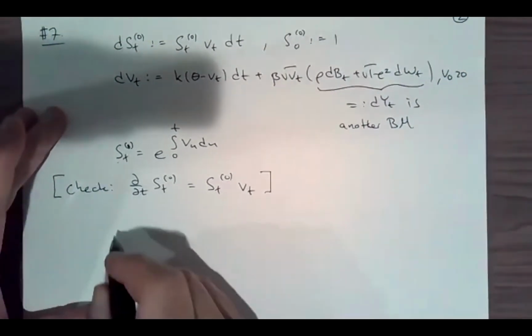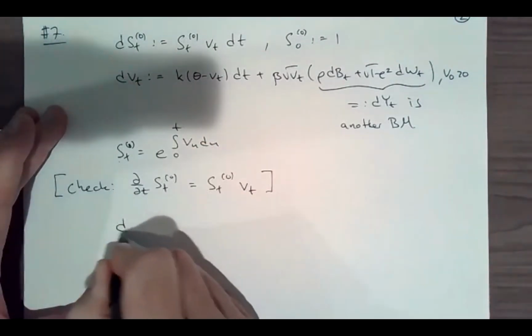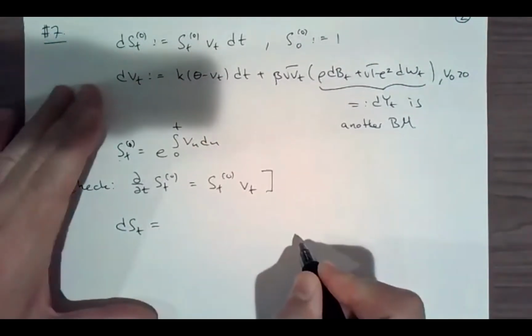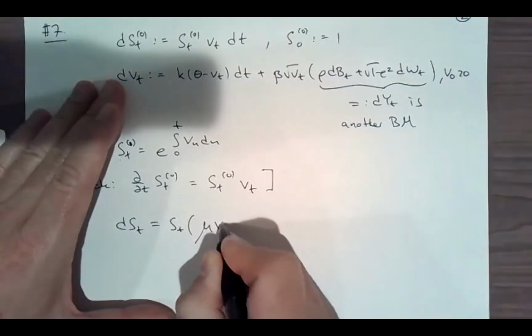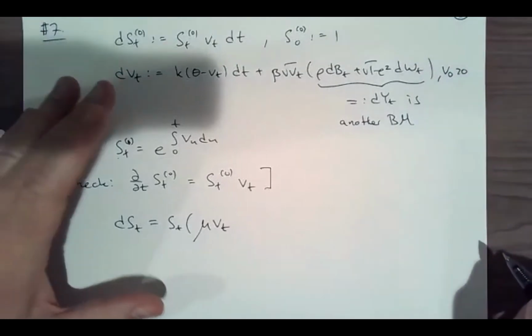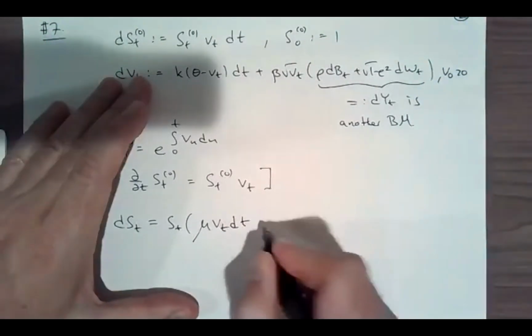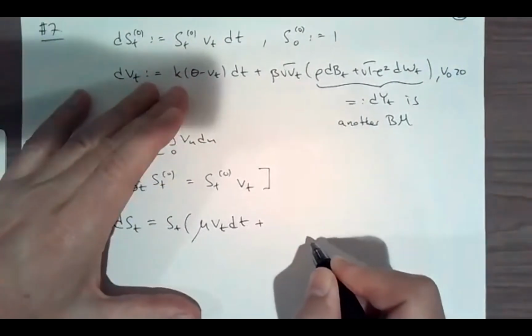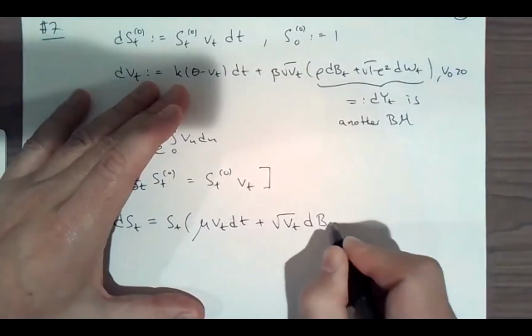Then comes the stock. So this was the bank, and now comes the stock. The stock has dynamics. dS_t is equal to S_t, and then it has a drift. Mu is a constant. V is the process up here. dt plus, then it has a volatility. The volatility is the square root of V, and then there's only dB_t.